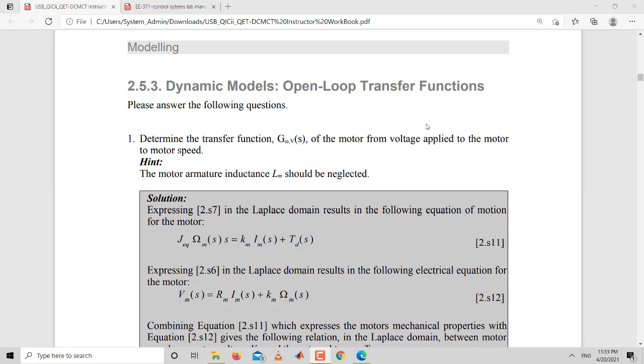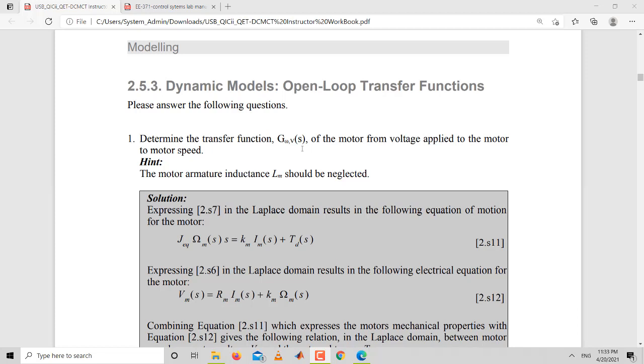We have to determine the transfer function G omega comma V, which means that this is an expression of speed over voltage. The output is omega and the input is V. That is why we are writing omega comma V in the subscript, and this s tells the Laplace. So we are going to transform the expressions we have into the Laplace domain.